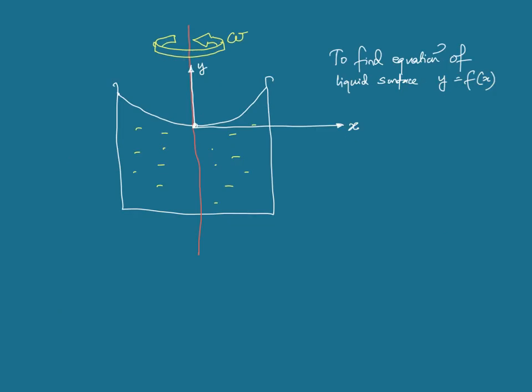So the same problem we have done before, to find the equation of the liquid surface, y as a function of x. Here we'll do it by a different approach.